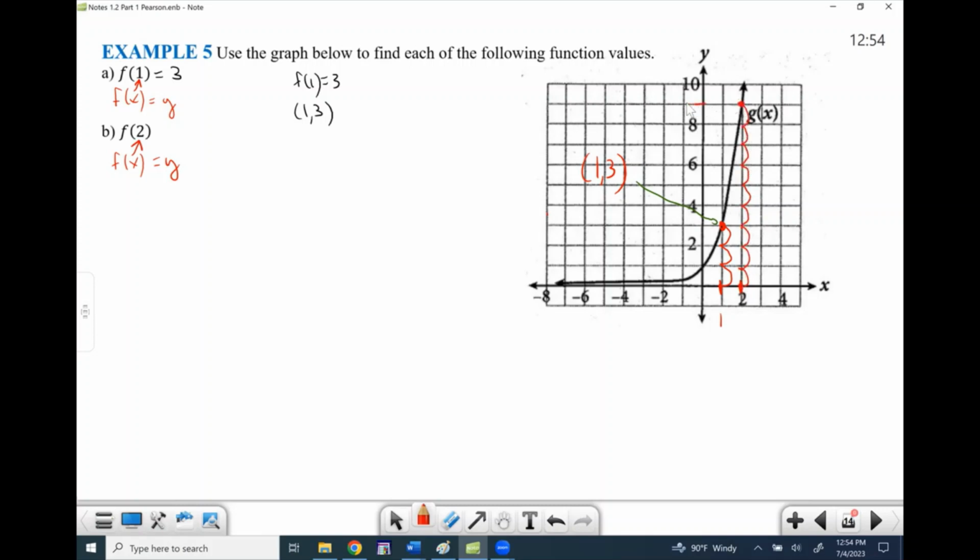And of course, you could look over here on the axis to get these values. Okay, so that's the ordered pair 2, 9, right? So f of 2 equals 9. Okay, these are the answers. Just want to make sure that you understand that that corresponds to the ordered pair 2, 9. It's the same notation. So these are super easy. They're giving you the x's and you just need to report out what the y is.